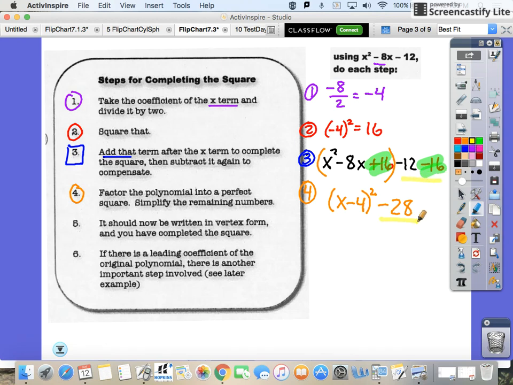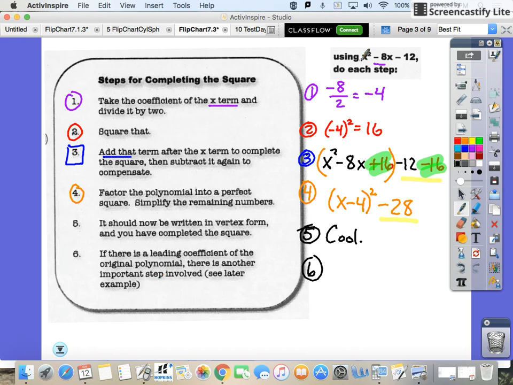So that's where that comes from, okay? And then the last part, or I guess there's one little thing it says here. Number 5 says it should now be written in vertex form, which it is. X minus h squared plus, or well, in this case, minus k. So cool.